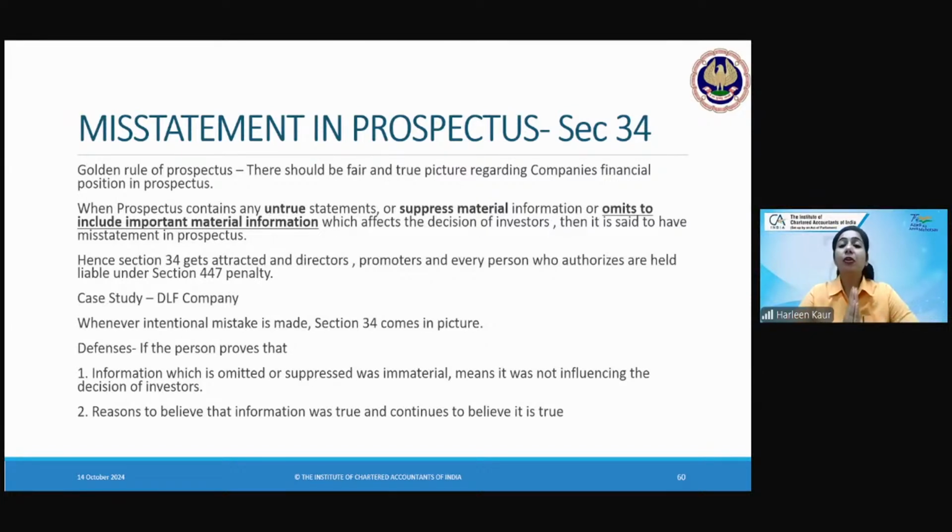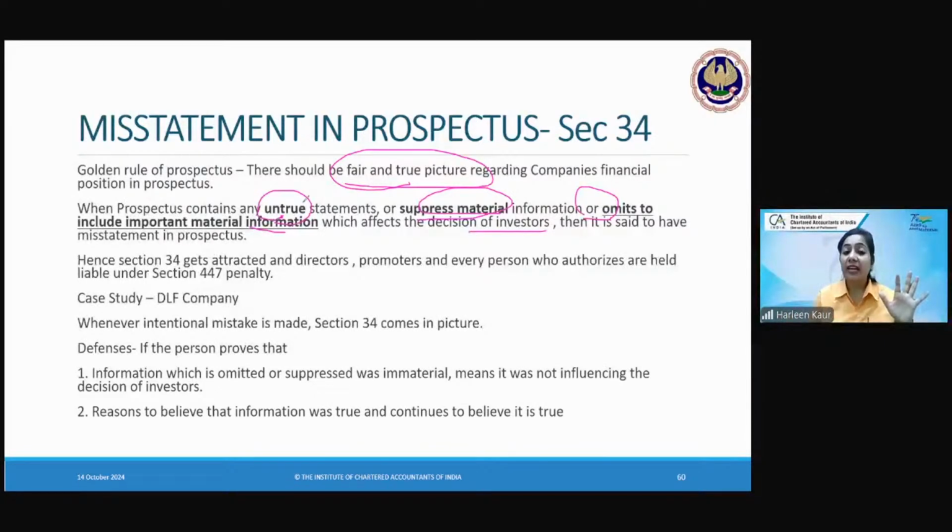Okay, so the golden rule of prospectus says that the prospectus should give a true and fair picture regarding the company's financial health. The prospectus should not contain any untrue statement, any suppression of material facts, or omit any material information which affects the decision of the investors.